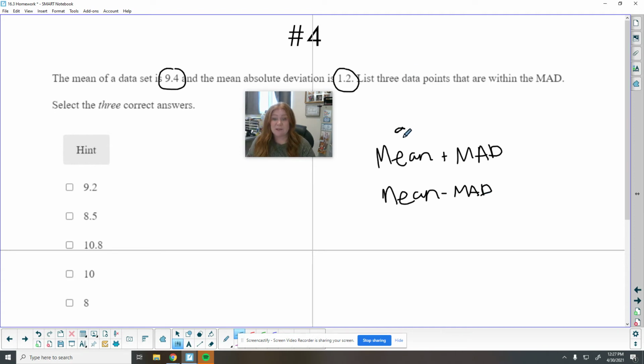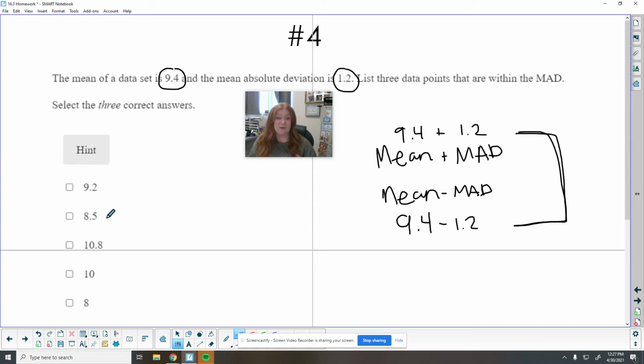So we are taking 9.4 plus 1.2, and then 9.4 minus 1.2. Any numbers within this range are numbers that fit within our data set. If they're outside of this, they're not really falling within the parameters of the data. They're kind of an outlier.